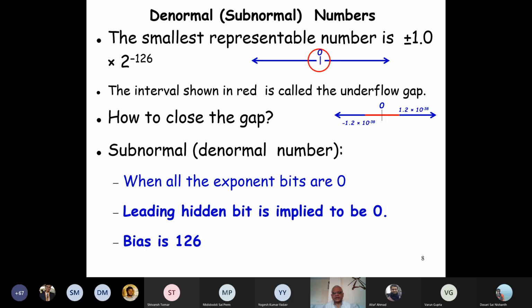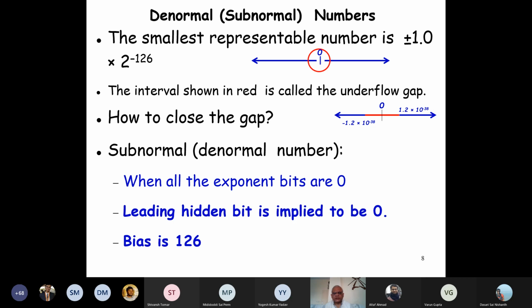Now let's try to understand what these denormal numbers are. Look at here. Using the representation we had, the smallest number that we could represent is 1 times 2 to the power minus 126.